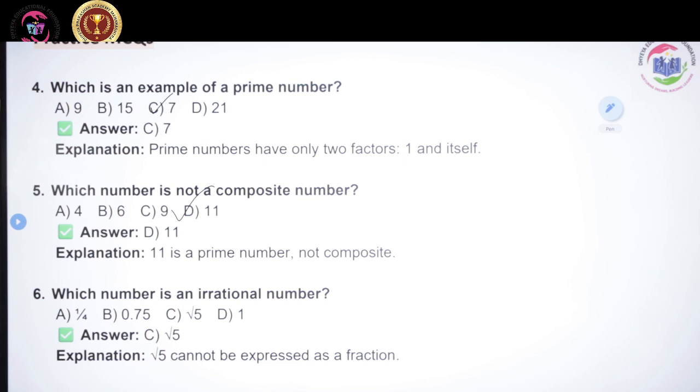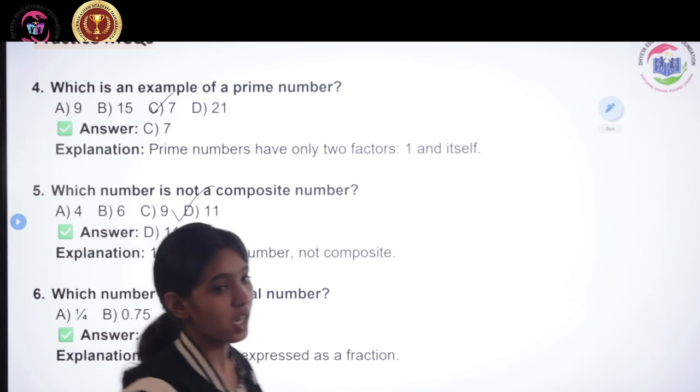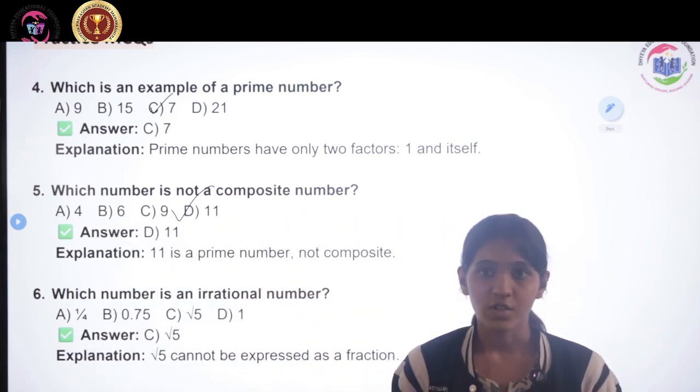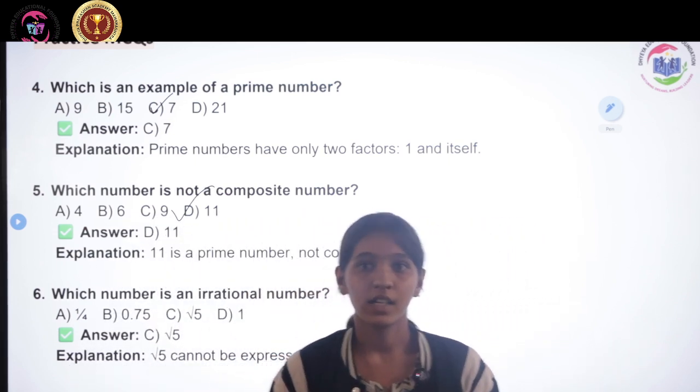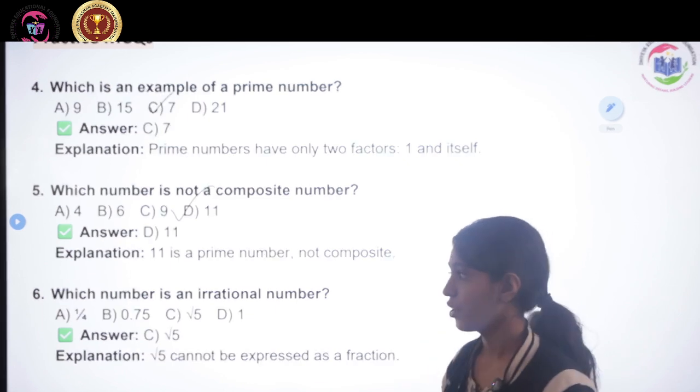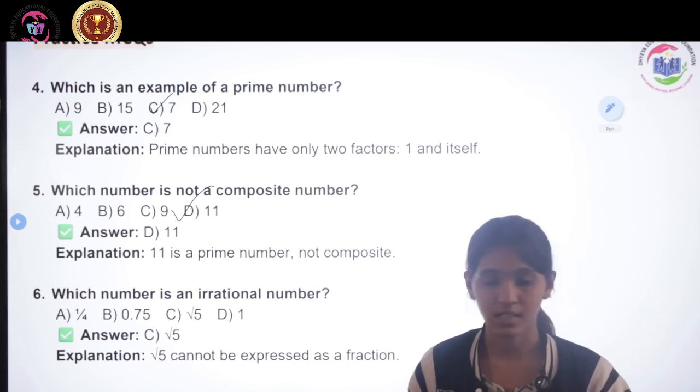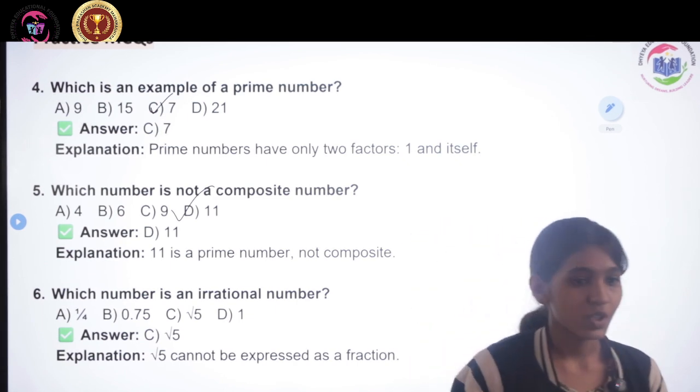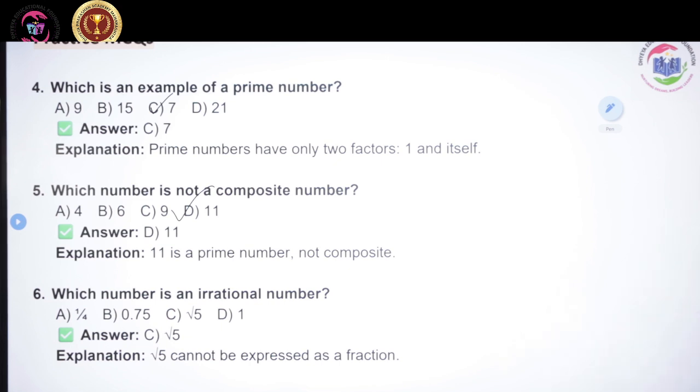Which one is the irrational number? First of all, irrational numbers are exactly the opposite of rational numbers. A rational number can be written as p by q, but an irrational number cannot be expressed as p by q.